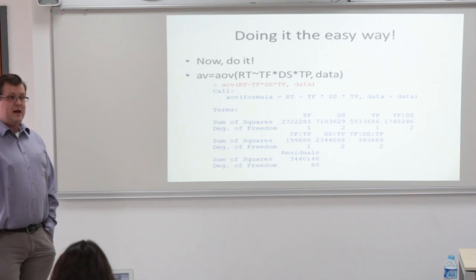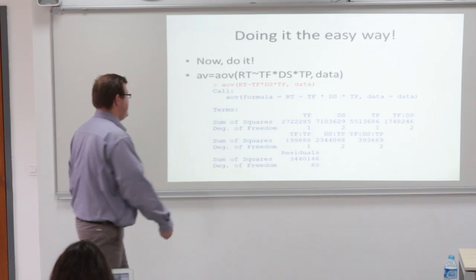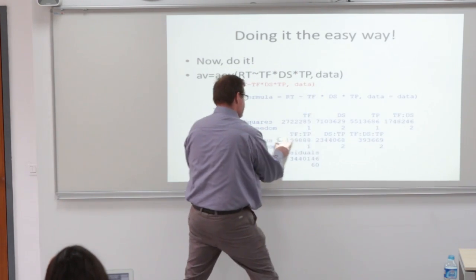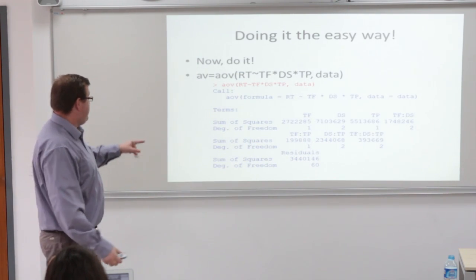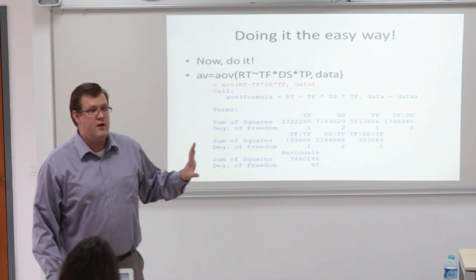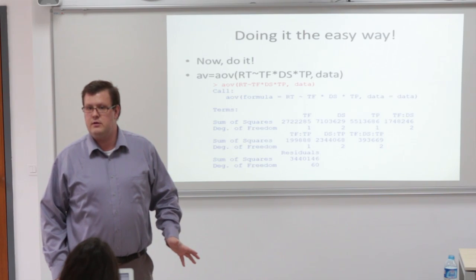We actually have 3 main effects and 4 interactions, right? These are all main effects, and the rest of these are our interactions. So we would have potentially 7 different Fs. We would have an F for each main effect and an F for each interaction.